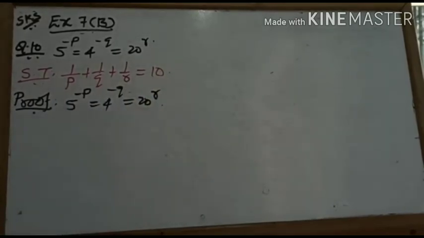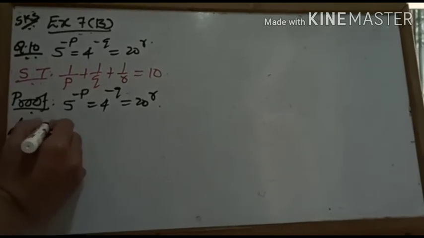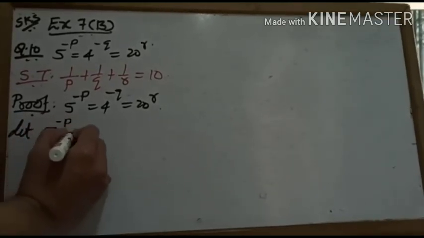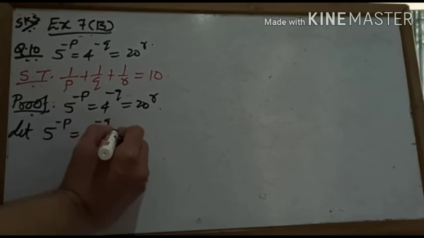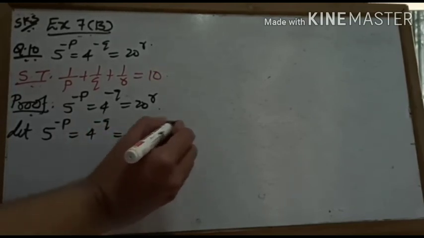And if you remember, in the previous question what we did was we equated all the three to one particular number, and that was k. So I am considering let 5 raised to negative p is equal to 4 raised to negative q is equal to 20 raised to r equal to k.